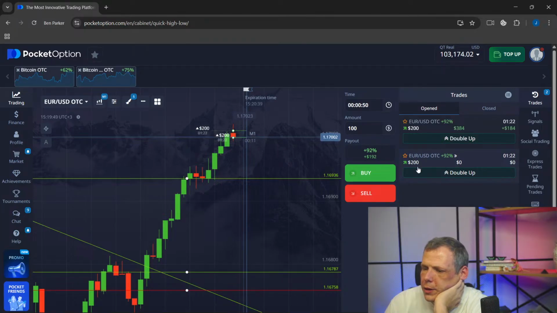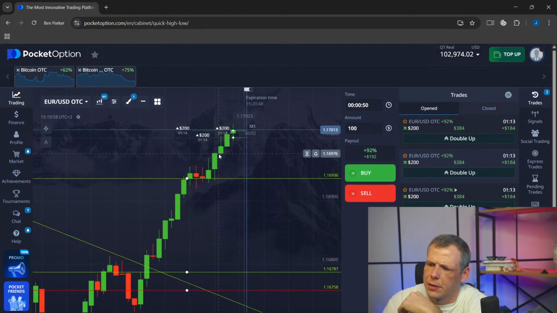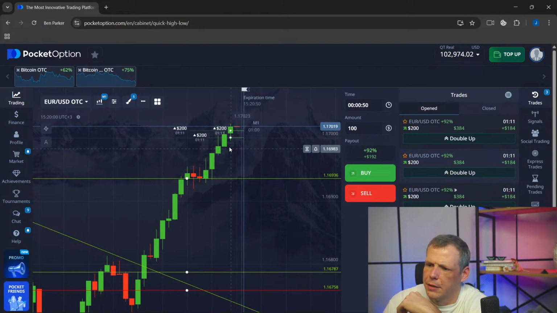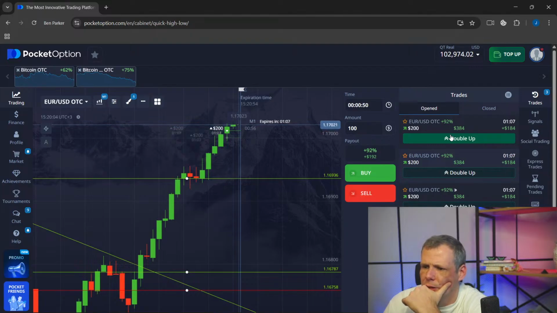Yeah, this is what I was thinking. Because it started to lose power, then it came up and no rejection of lower price. That's where my headset is here.